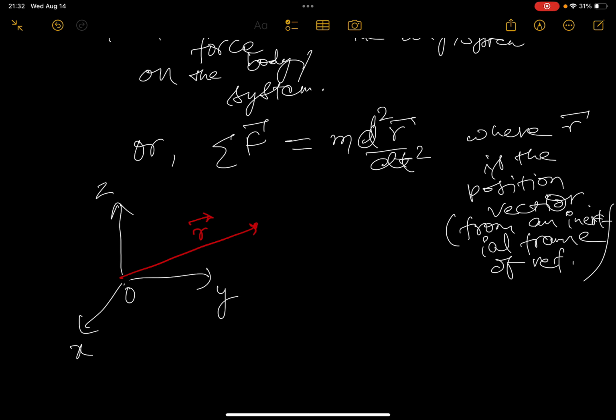This r is the position vector of the point mass particle from an inertial frame of reference.